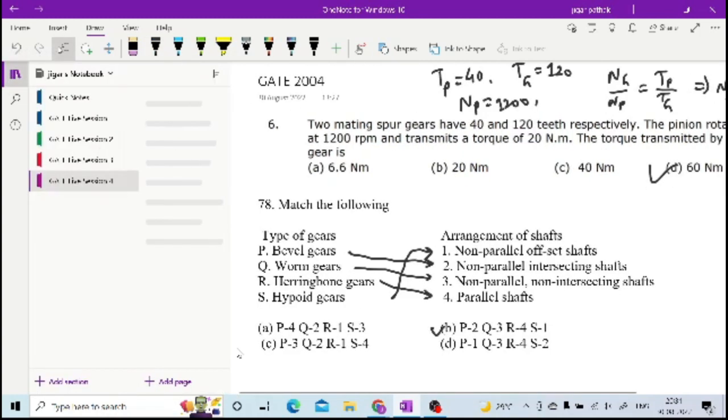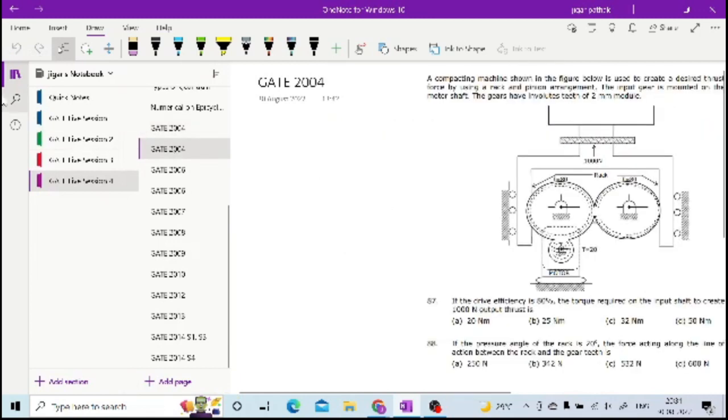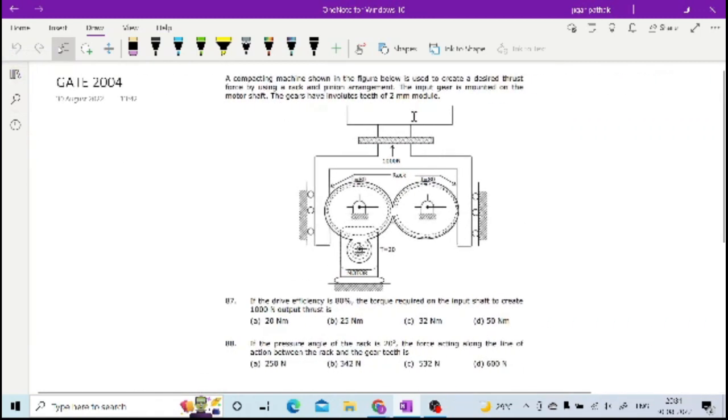Now if you go for the next one, then here you are having this question. Here it is saying that a compacting machine shown in the figure below is used to create a desired thrust force by using a rack and pinion arrangement.